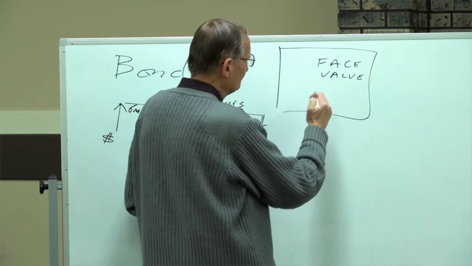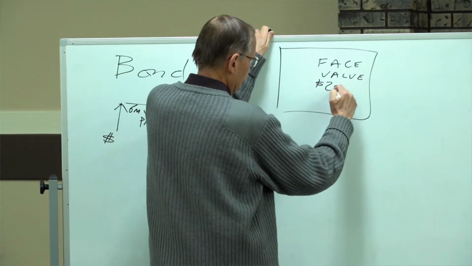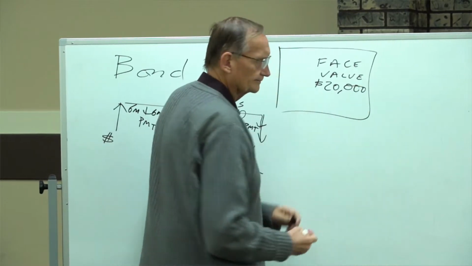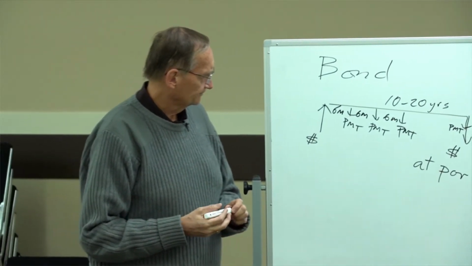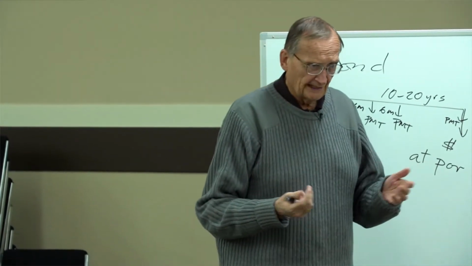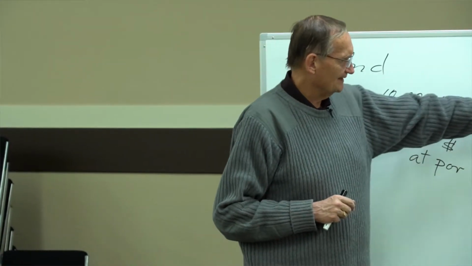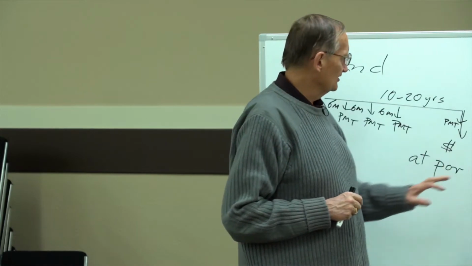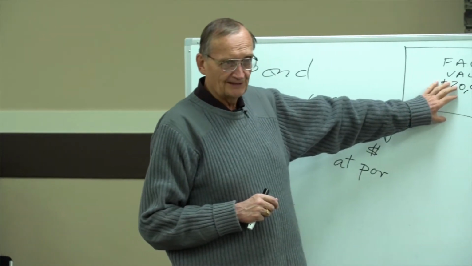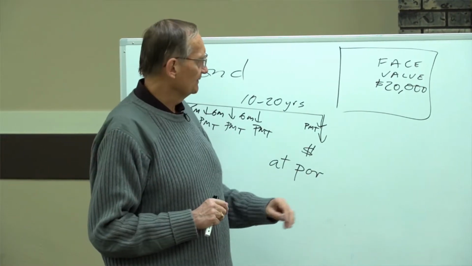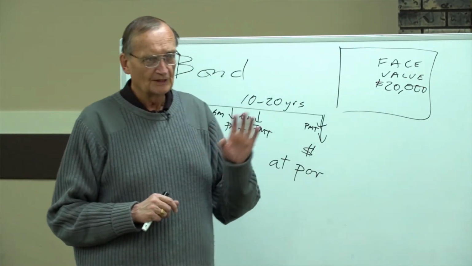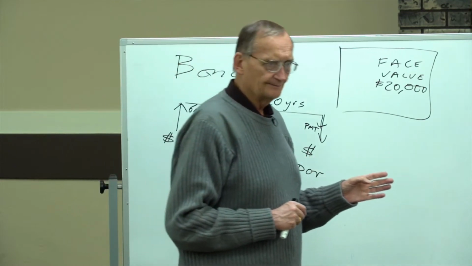So there's an amount of money stated on it. You'll find with bonds, later on we'll look at it, you don't necessarily pay this. Initially, probably you're going to pay that. But later on, when you sell it to somebody else or they buy it, they may pay you more, they may pay you less. Okay?